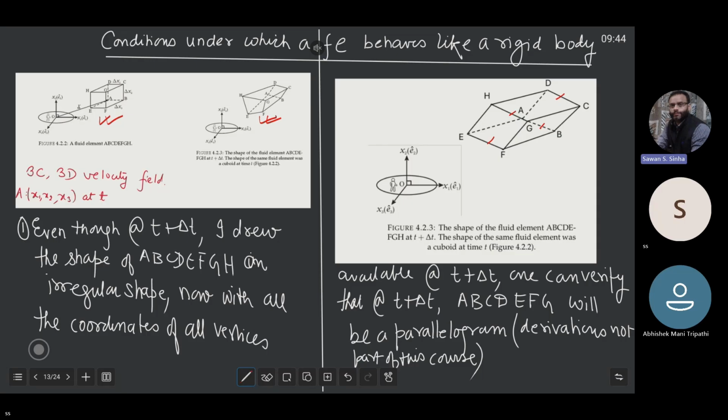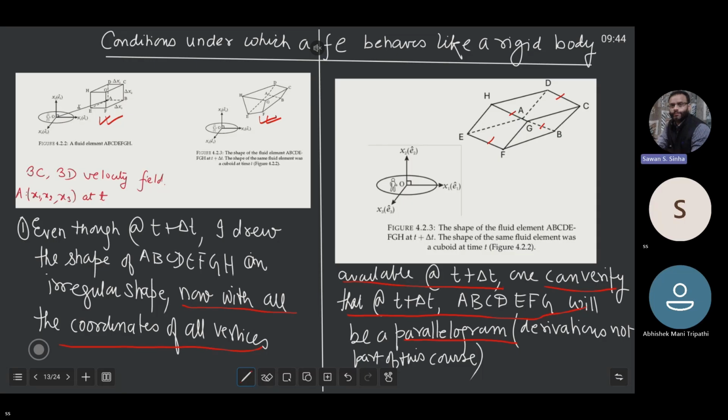However, it turns out that with the coordinates of all vertices available at t plus delta t, you can verify that at time t plus delta t, this fluid element which was a cuboid at the beginning will become a parallelogram. Follow what I'm saying? A cuboid will become a parallelogram, which can be derived with the coordinates.